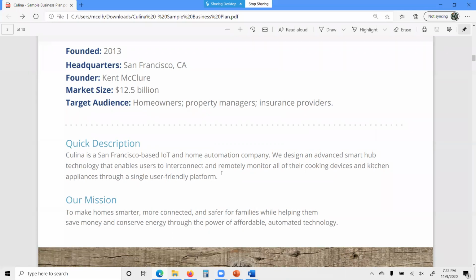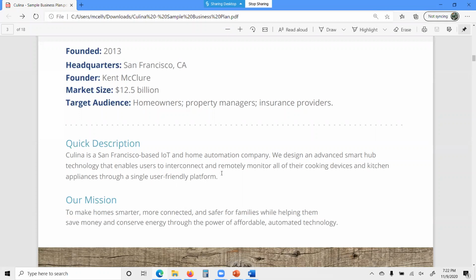Internet of Things is what that stood for. I had to look it up. I was like, what is an IoT? Internet of Things. It's home automation. So they have an advanced smart hub technology that enables users to monitor cooking devices and kitchen appliances through the platform, which was going to be a smartphone app.